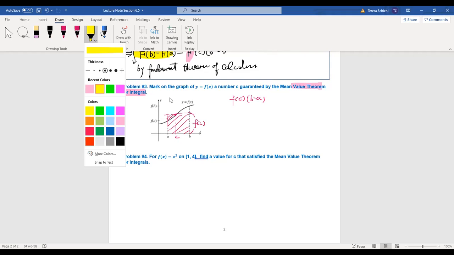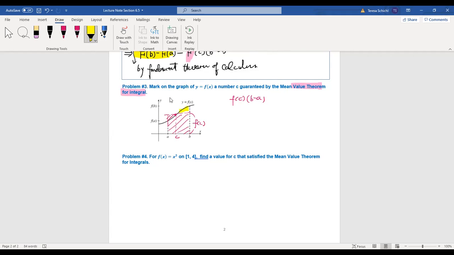The reason is that this little region is above the rectangle, and this other region, where the curve is below, so these two cancel. That's why this area will be equal to the whole area under the curve. That's what we mean here.